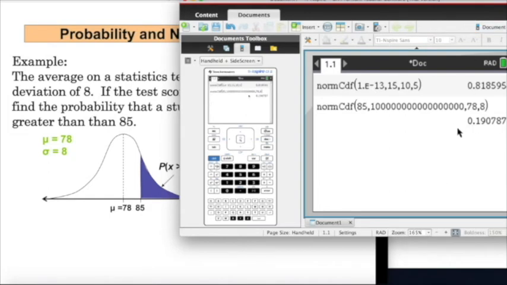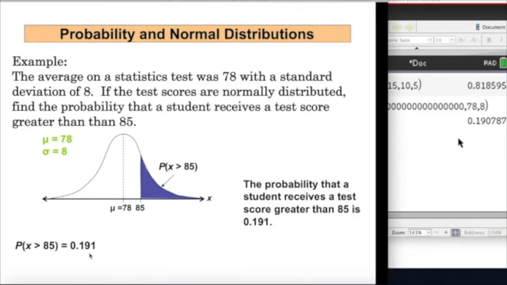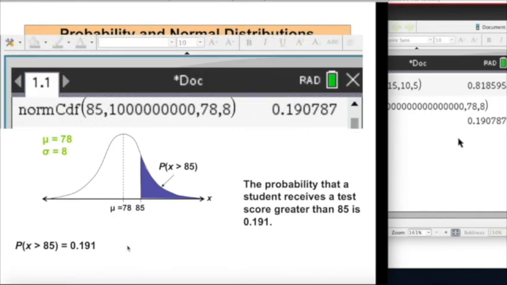There you go. That is the probability or the area under the curve, 0.191. So the probability of x greater than 85, that the student receives a test score greater than 85, is equal to 0.191. Okay, very simple.